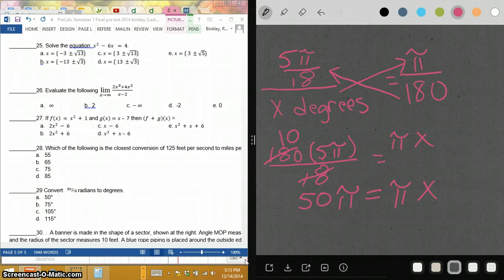I divide both sides by pi to get, oh, I think I need to press my pen. Well, you're probably done now by the time I finished playing around with my pen. If I divide both sides by pi, I get x equals 50 degrees, which is A. So 29 is A.